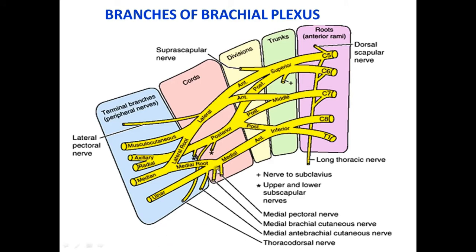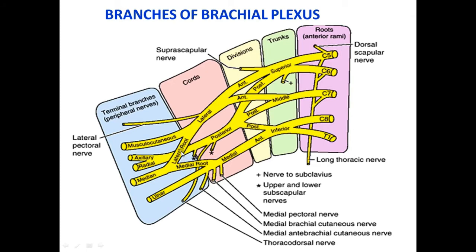At the terminal point of the medial cord, another nerve emerges over here, the medial antebrachial cutaneous nerve. It goes towards the forearm and supplies the anteromedial portion of the skin of the forearm.